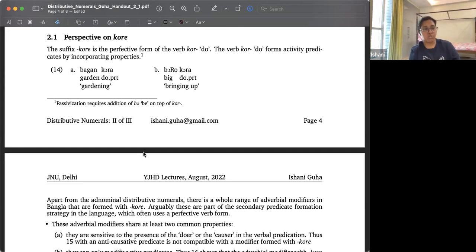The measure phrase is also a kind of property, and so it can also incorporate that. So no problem, it's comfortably used. It's used to form matrix predicates, secondary predicates, adverbials, and now it's being used to form adjectival things inside the numeral.